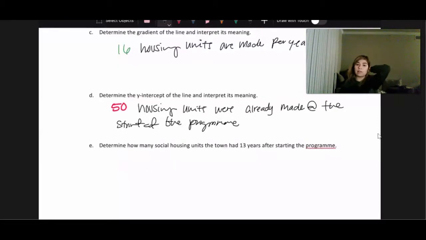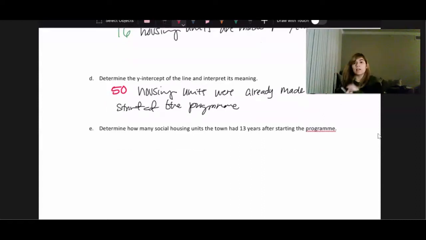Determine how many housing units are in the town 13 years after starting the program. This is similar to before, where they don't necessarily tell you what the x-coordinate and y-coordinate are. You have to figure out in the context of the problem what your input and output, or independent and dependent variables, are. So you ask yourself, what depends on what? The amount of housing units depends on the amount of years.